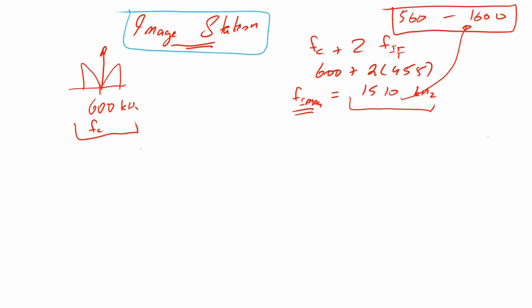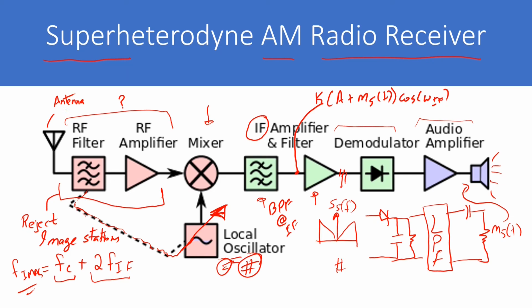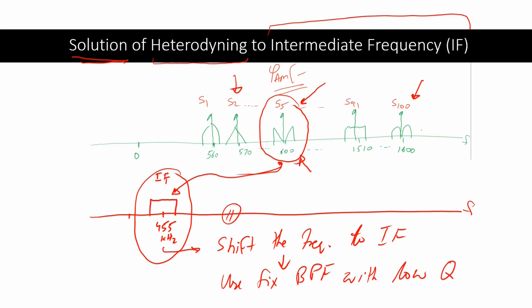So in order to fix this kind of an issue which is dealing with the image station, we have these two blocks over here in the Superheterodyne AM receiver. The first is an RF filter, and then we have an amplification. So what does this RF filter do? So this RF filter is basically again a low pass or a band pass filter, which is basically having a much higher bandwidth, right?